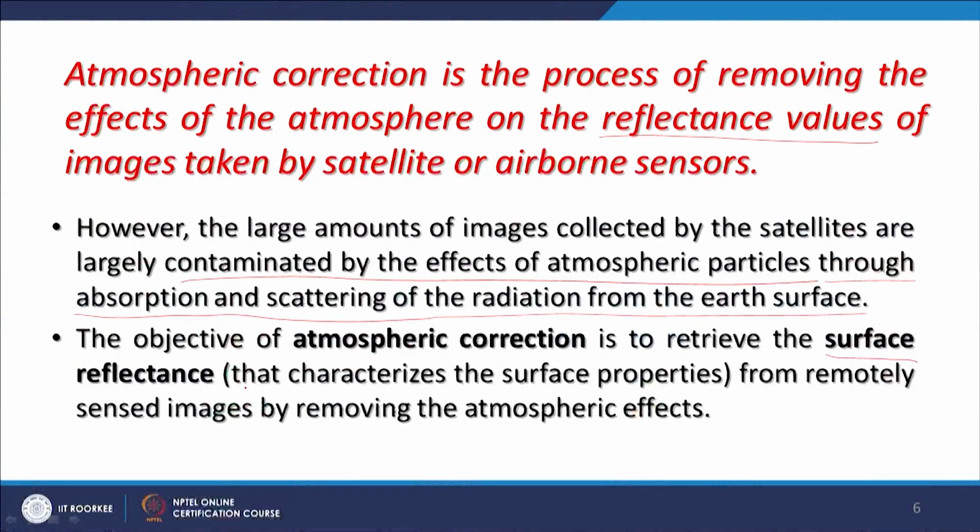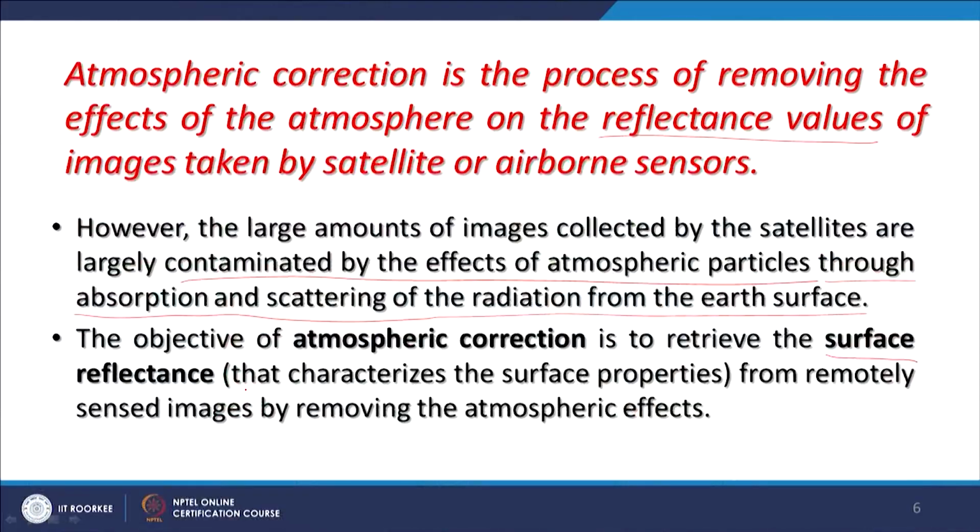So, basically the main purpose of atmospheric correction is to retrieve the surface reflectance, minus distortions induced by the atmosphere, and this surface reflectance characterizes the surface properties from remote sensing images by removing atmospheric effects.